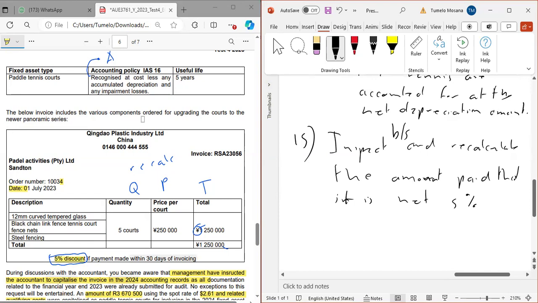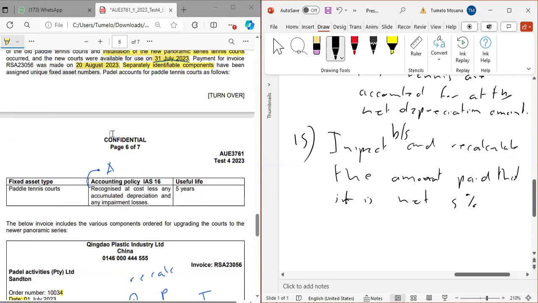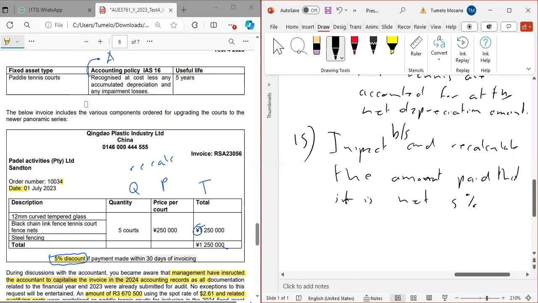So we would want to check if this payment was made net 5%, because it would be a problem if it was not, considering that the invoice date is the 1st of July 2023 and payment was made on the 20th of August 2023.